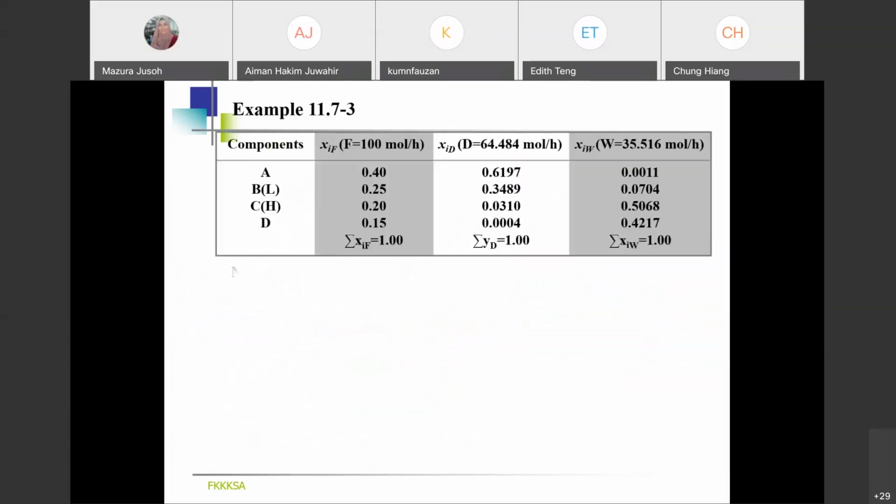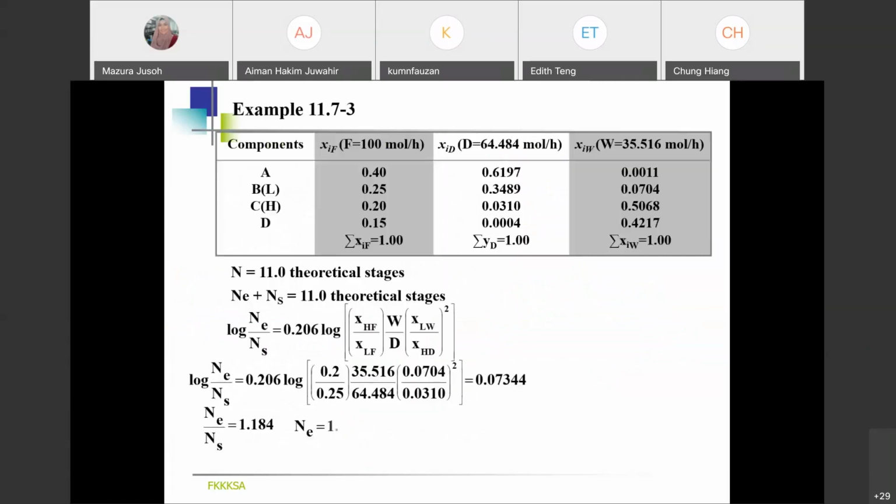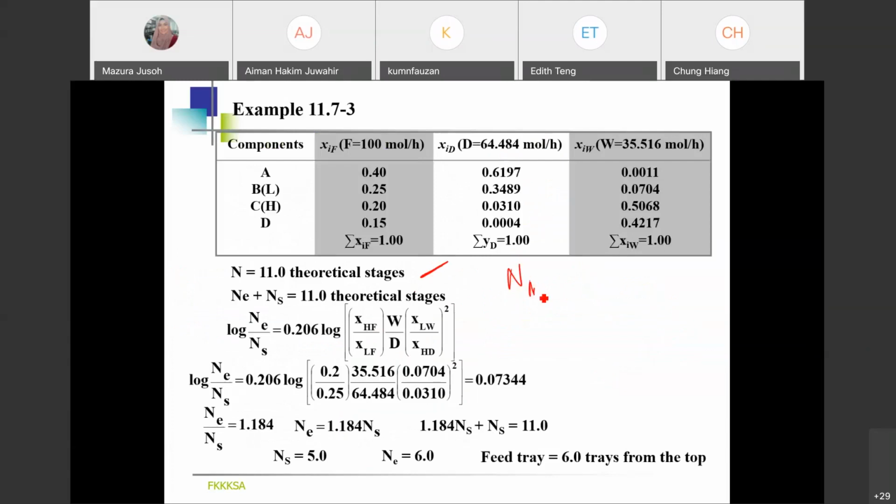After you get that, the next question is for you to find the feed tray, the tray by which you introduce your feed. You have two equations, N min over N and this one.